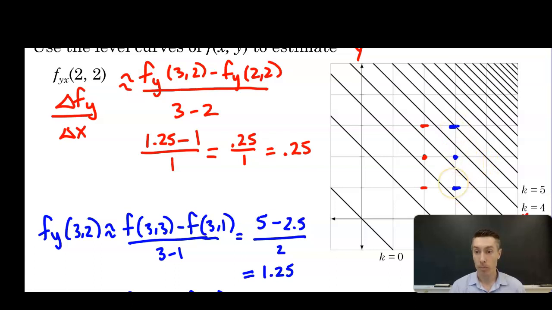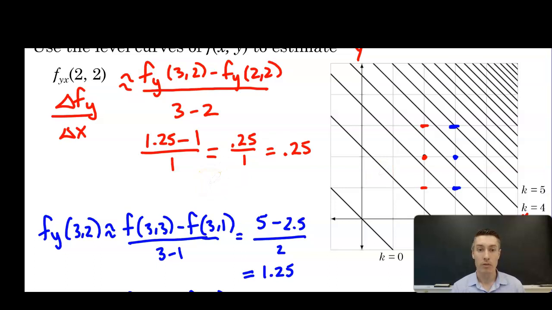So if we were to draw a tangent line to the surface at the blue point and the red tangent line, the slope of the blue would be increasing, more positive than the slope of the red tangent line, right? And we would be able to see that if we graph this surface represented by this set of level curves, we would see that reflected in the surface, and the properties of the surface.